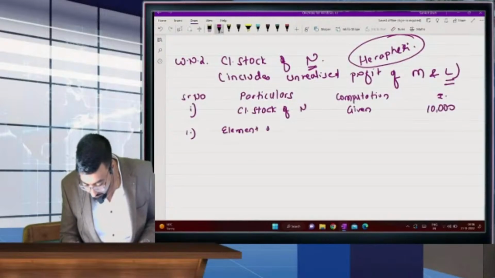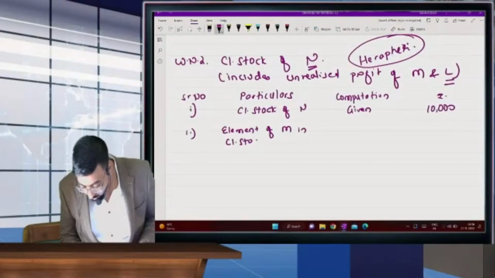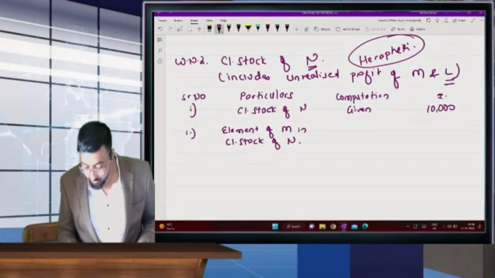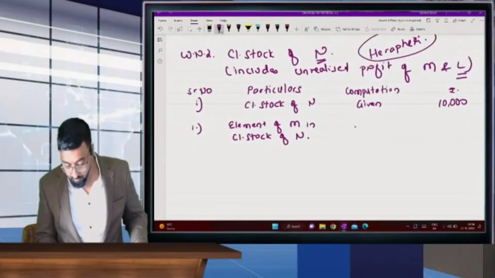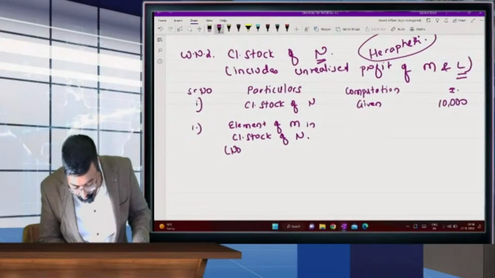Element of M in closing stock of N. No own cost.